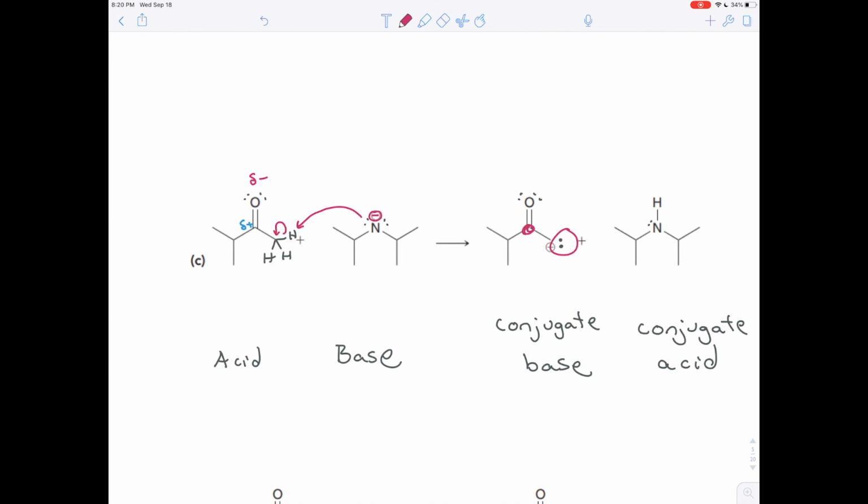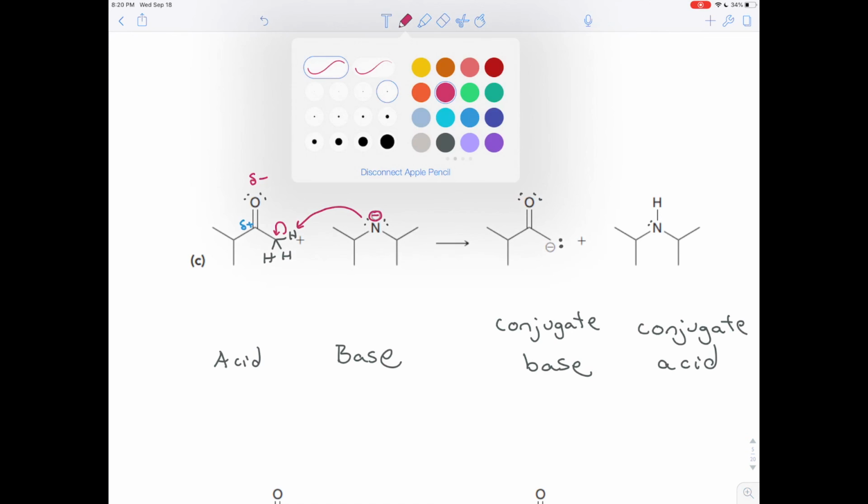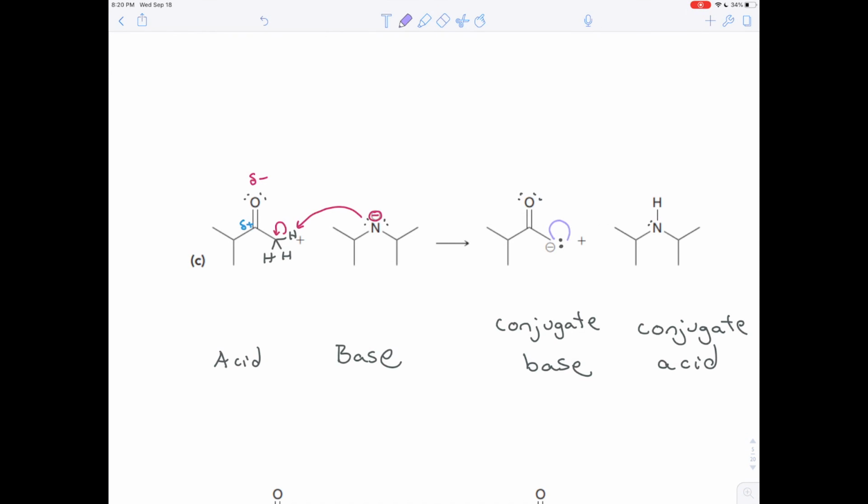This lone pair is one atom away from an atom in a double bond, which means that it's involved in resonance. There is a p orbital here that lone pair is in, and it's parallel with the p orbitals in that pi bond. So it can spread out through all of those p orbitals, and that spreads the charge out.